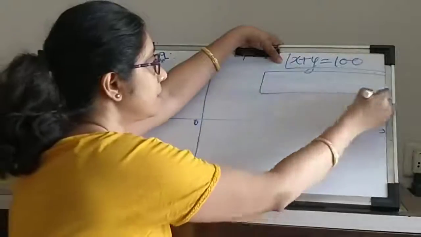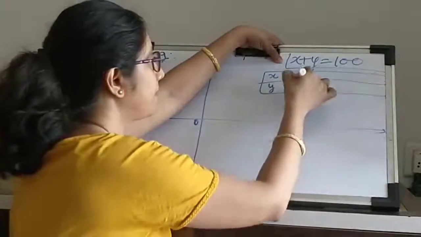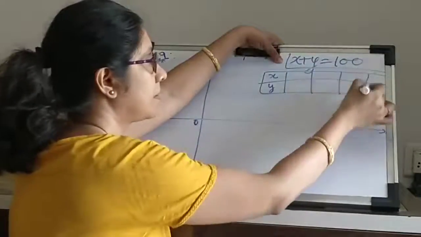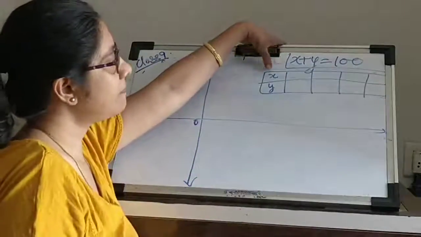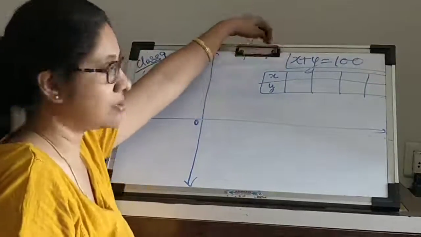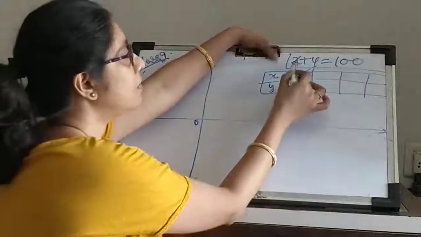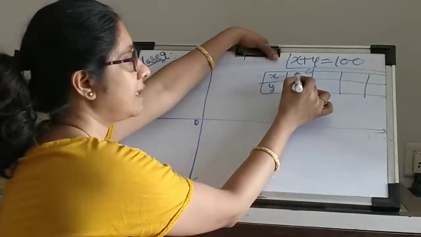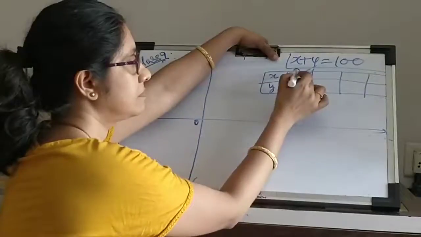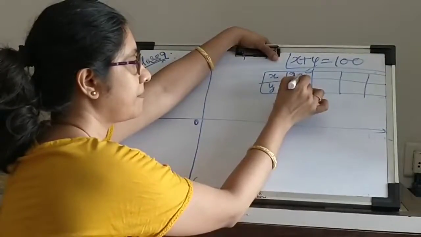So again, let's do it like this, x and y. For some value of x which I'll assume, I'll compute the value of y from this equation, and I'll continue like this. So let's say for x equal to 10, or better, let's take 20.